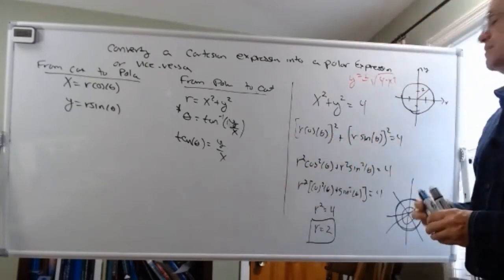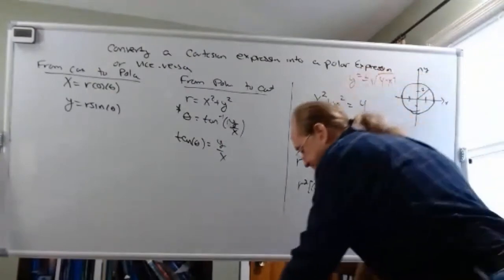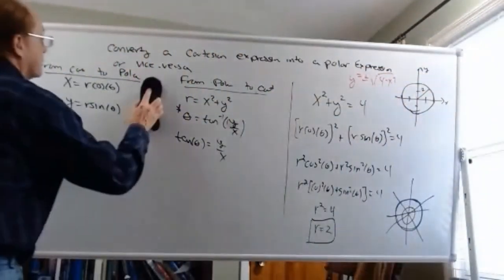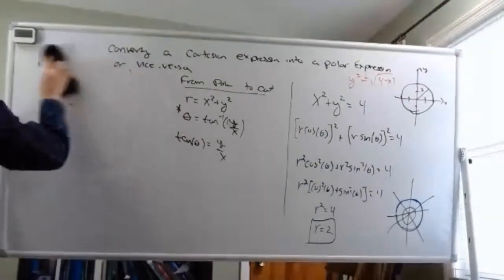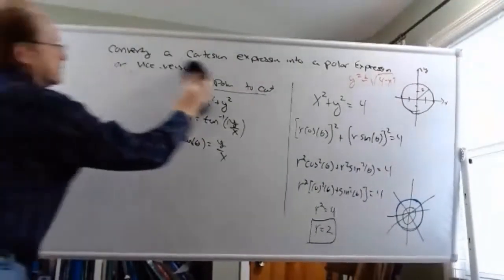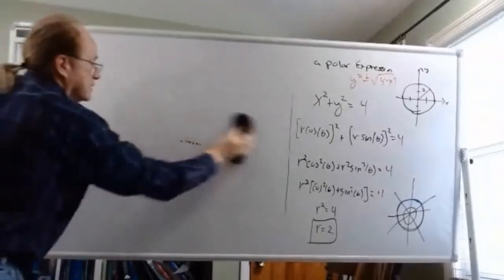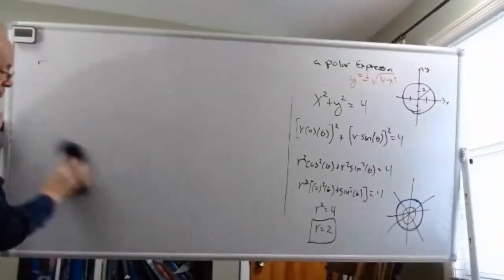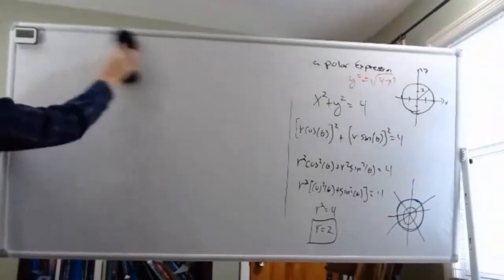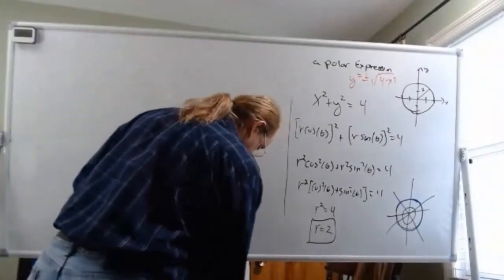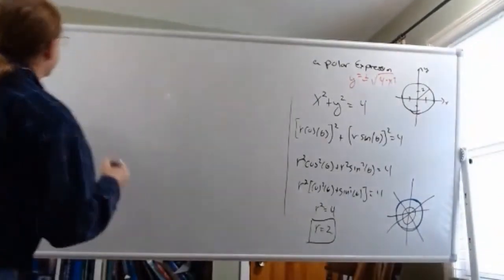So that's an example. Let me give you another one now. Let's try this one, and then we'll go to the other, from polar to Cartesian. This is a change of variables that you need to be comfortable doing. Especially when you get to the calculus, you'll be doing change of variables often, so you just need to be comfortable with that.